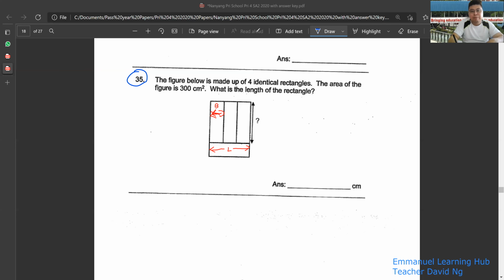You know how to count, right? So this is 1 length. So how many breadth are there? You can count, right?